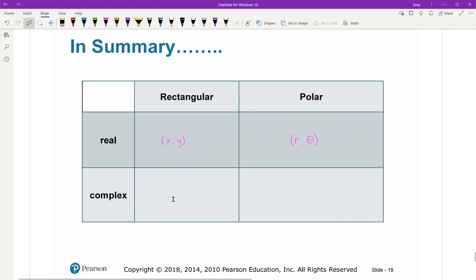When you get into complex, then we have a plus bi for rectangular form. And for polar form, we have r parentheses cosine theta plus i sine theta, or r cis theta. So again, just a way to help you keep things straight. If you're talking about real numbers, there's no i in either one. Complex numbers have an i in both of them.